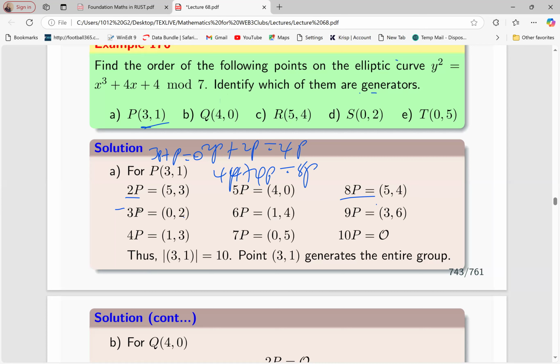Or 8p is supposed to be something like 4p, for instance. Because if 3p plus p gives you a point of infinity, then it means 4p plus p is supposed to give you p, because you're taking the point at infinity, then adding p.